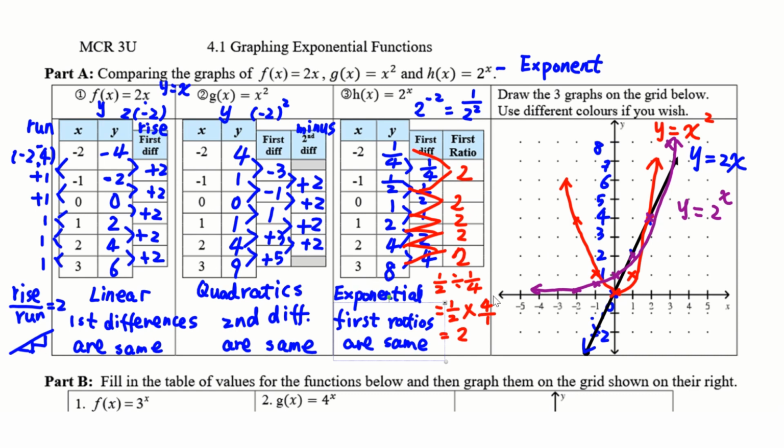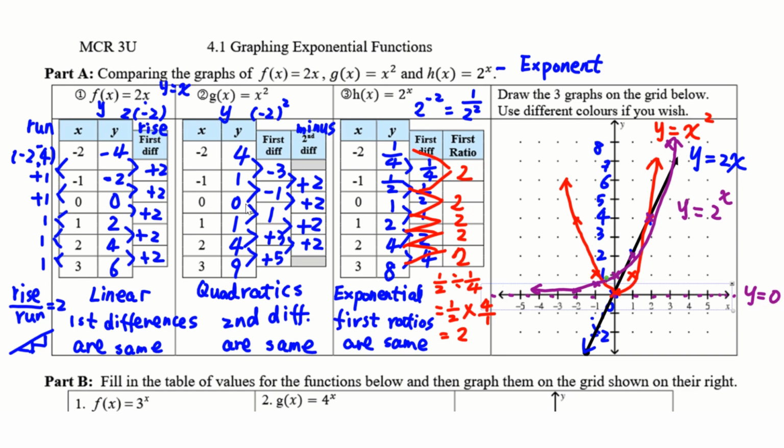And also it will never ever cross the x-axis, because 2 to the exponent x is going to be positive. When x is a negative big number, it will be closer and closer to y equals 0, but it will never ever cross it. So this is what we call the horizontal asymptote for the exponential function.